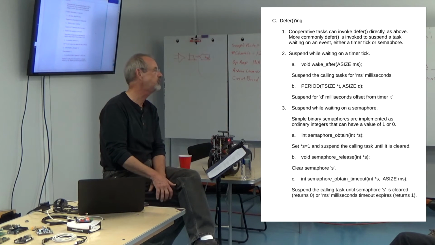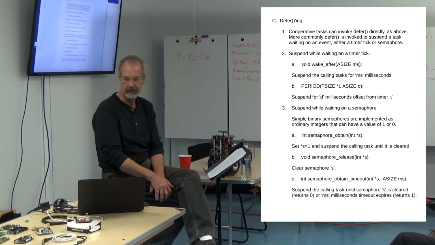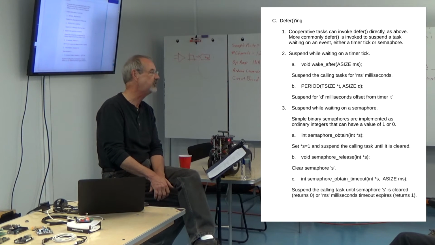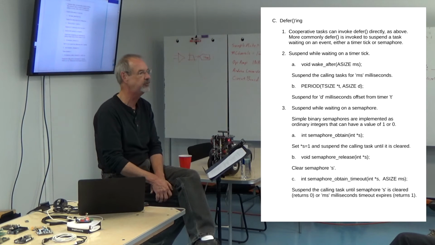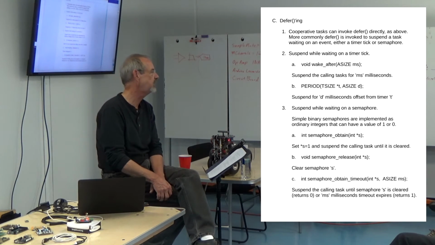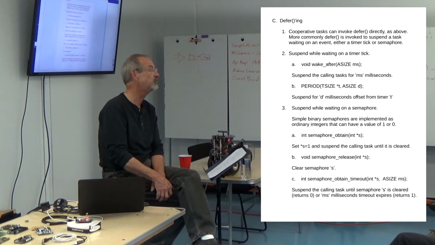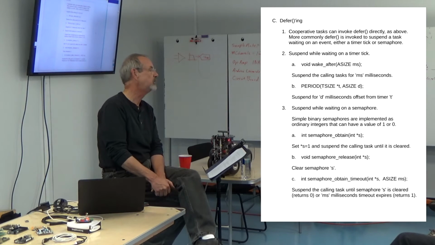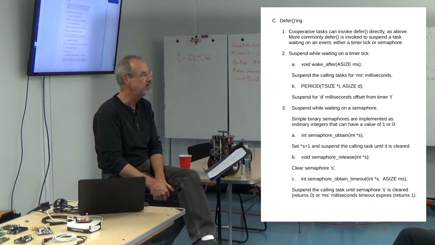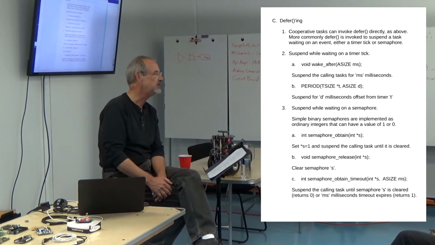And you hand it a pointer to an integer. That's what the S is in the parentheses there. And the semaphore obtain will set that integer equal to 1, and then suspend the calling task until that integer goes back to 0. Some other task will have to set it back to 0. So once again, the task is not running at all until that semaphore is set.